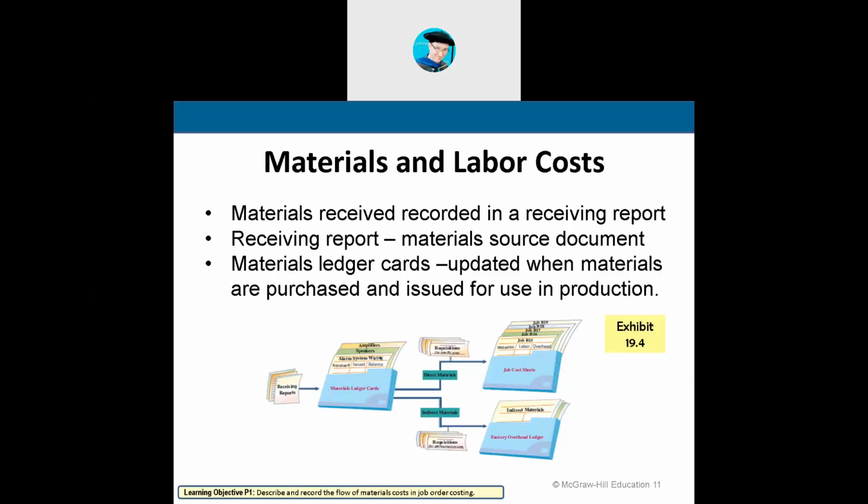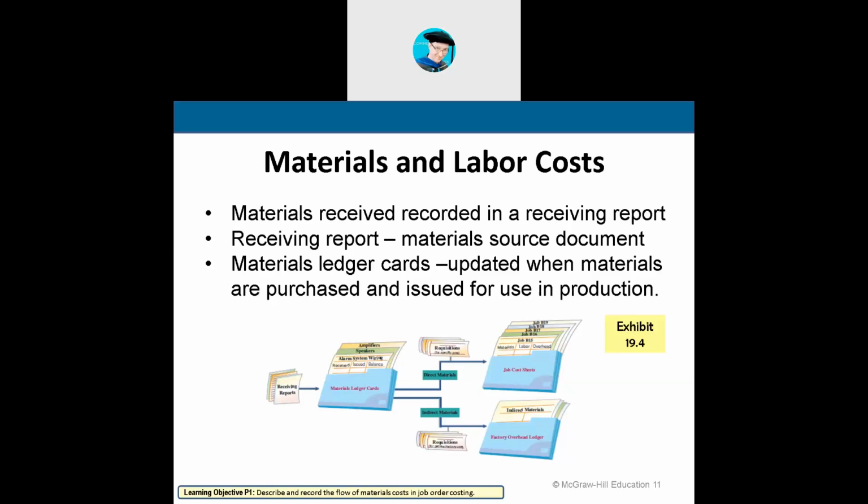And that receiving report correlates with every single thing that I bought. This receiving report says I purchased $1 million worth of steel. This receiving report says I purchased $500,000 of aluminum. This receiving report says I purchased $300,000 in components and wiring and et cetera.